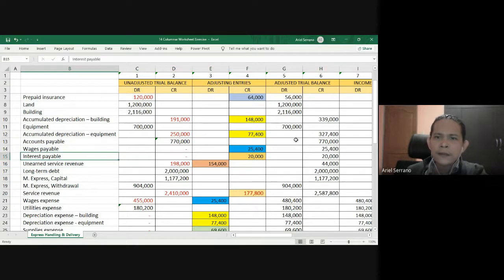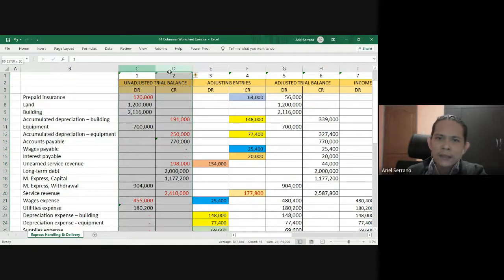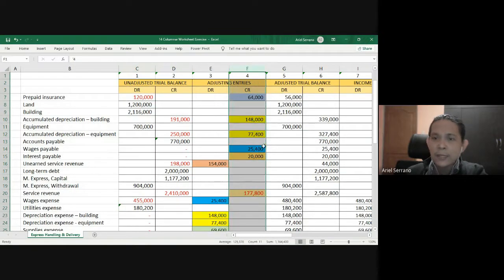Therefore, the normal balance should be on the credit side. If there is an adjustment on the credit side, meaning there was an increase in your liability or equity account, then if we go back to your unadjusted trial balance, the credit should have been deducted.